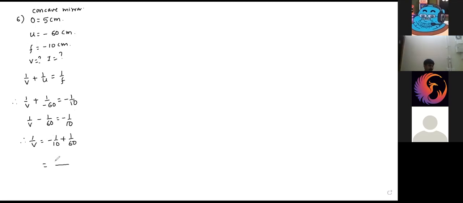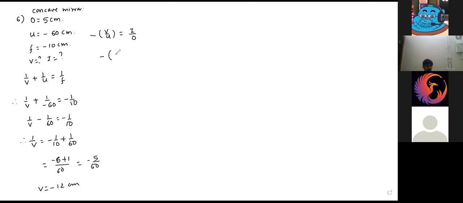It is minus 6 plus 1, minus 5 by 60, is equal to minus 12 centimeter. Minus 12. Theory part में नहीं लिखा हूँ. Yes, the book.